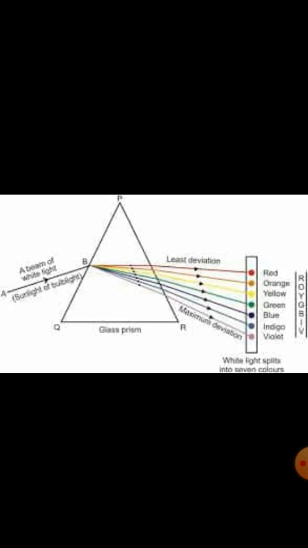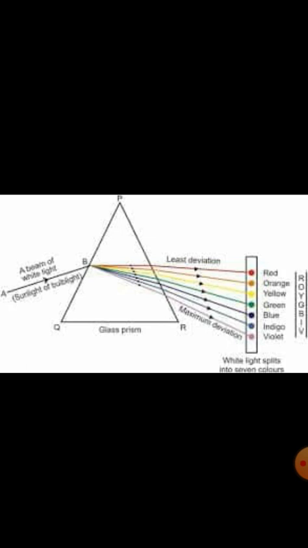Taking the first letter of these colors, V, I, B, G, Y, O, R, we get the acronym VIBGYOR. This acronym helps us to remember easily the order in which the colors appear on the screen.